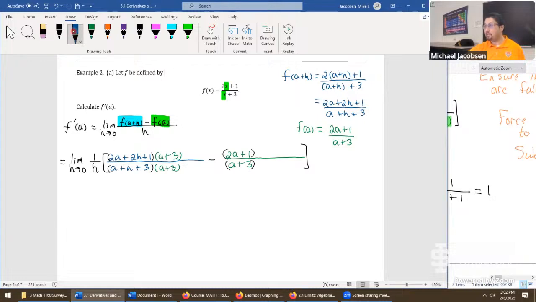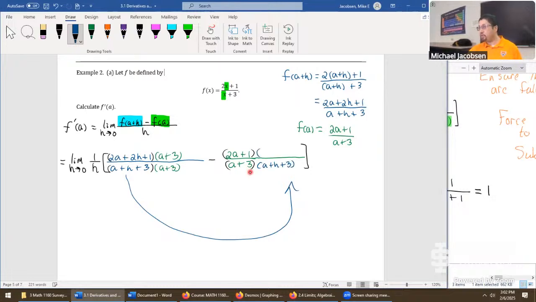Then on the next one, this fraction has denominator a plus 3. We already matched up those two, but we're missing that bit, so plug that in, a plus h plus 3. You have to include it in the numerator and denominator. So there it gets included.